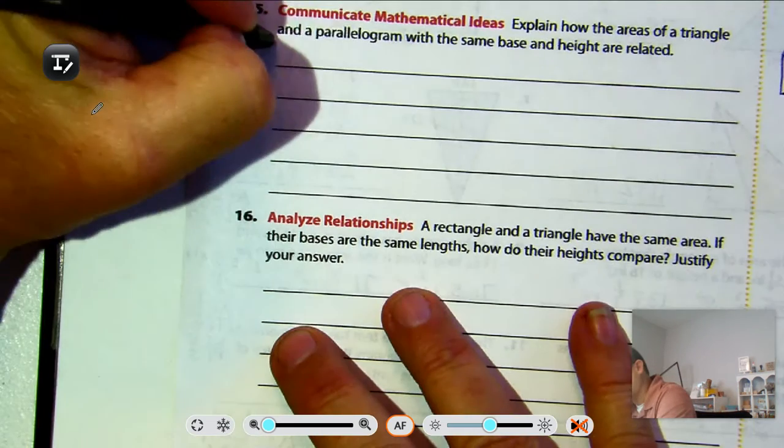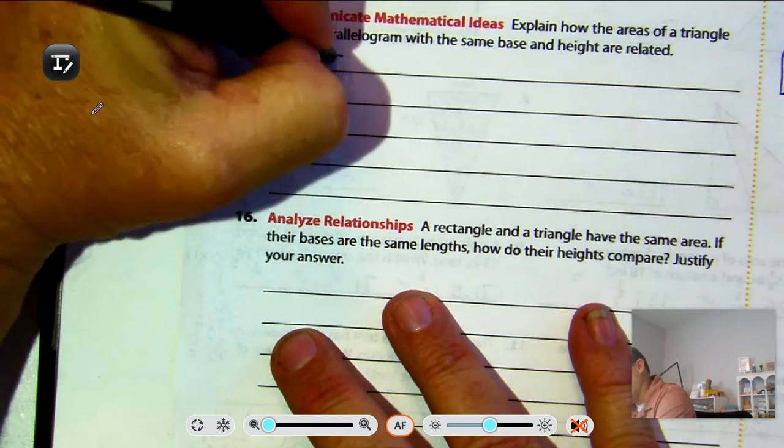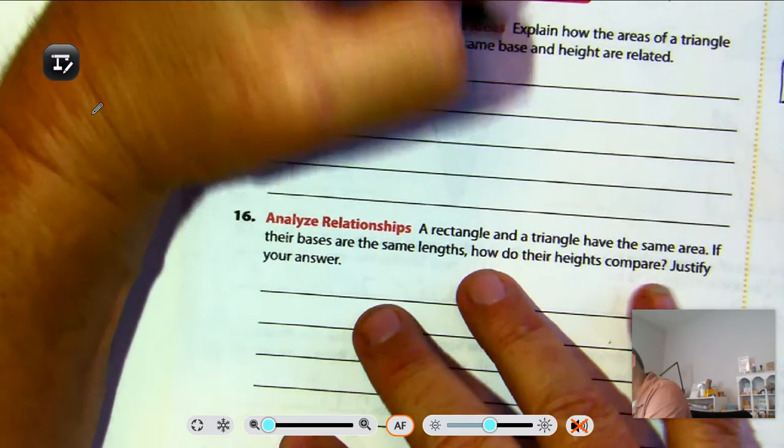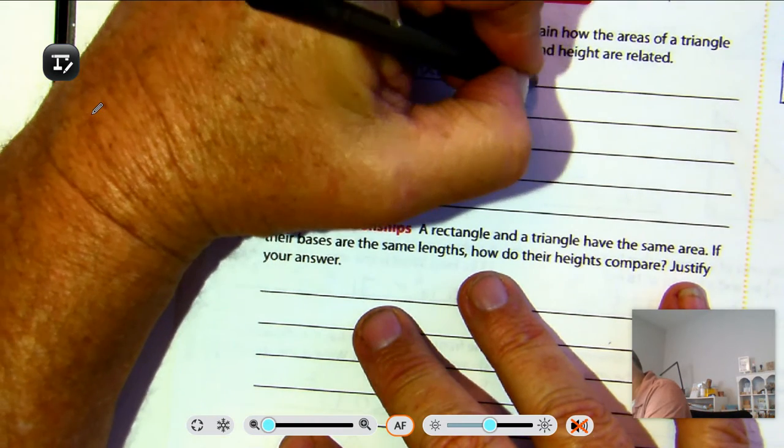So, what can we say? We can say you can draw a diagonal in the parallelogram.